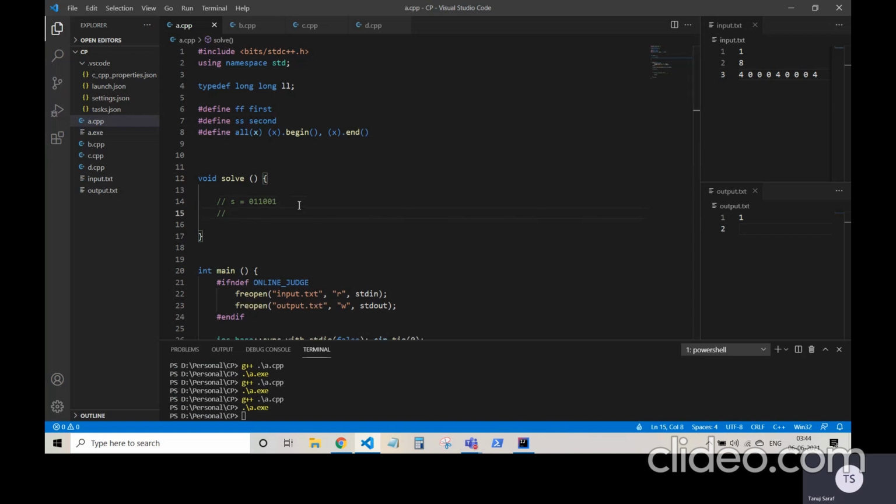So we want to look at substrings which have an equal number of zeros and ones, and the zeros and ones should be grouped together, which means that we have two possibilities. One is that we get some zeros and then ones, or the other possibility is that we get some ones first and then some zeros, right?